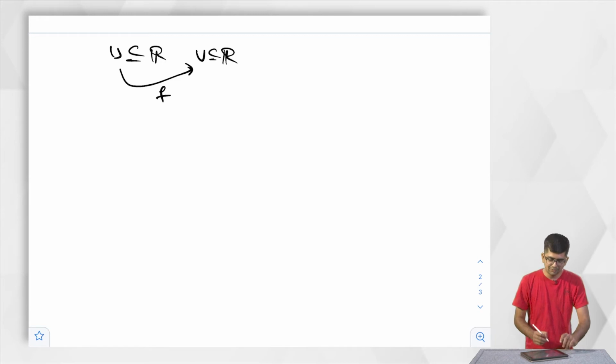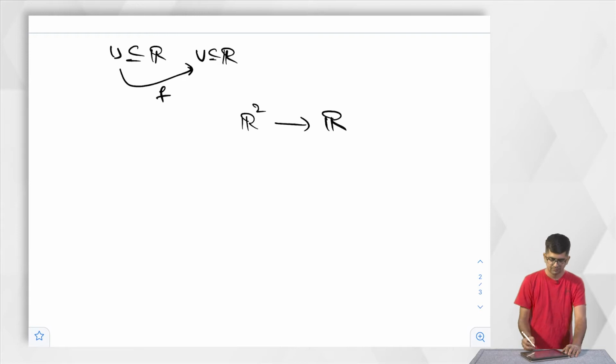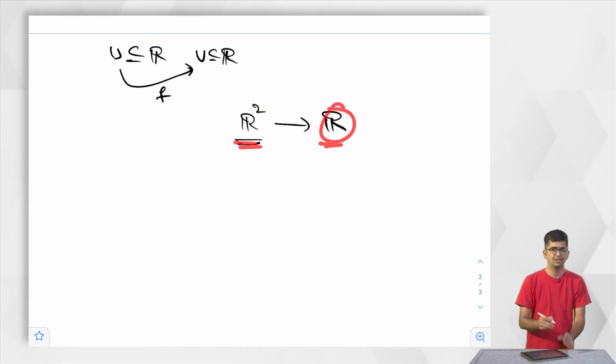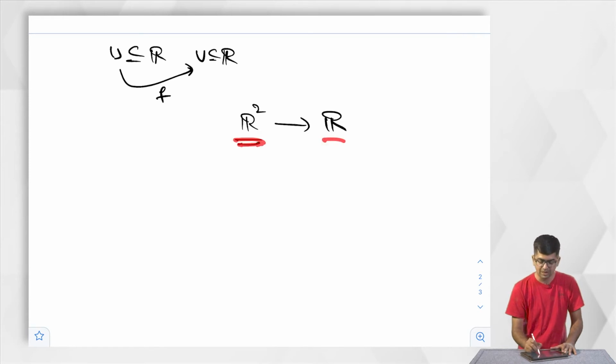Now one can come out of this setup and talk about, for example, continuity of a map from R2 to R. We have not seen this till now. All we know is that whenever domain and codomain are both subsets of R, we know what continuity is. Now using metric spaces, one can extend the notion of continuity to something like R2 and R.